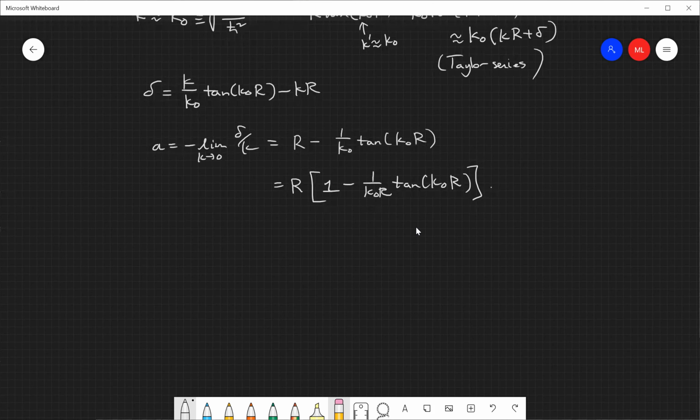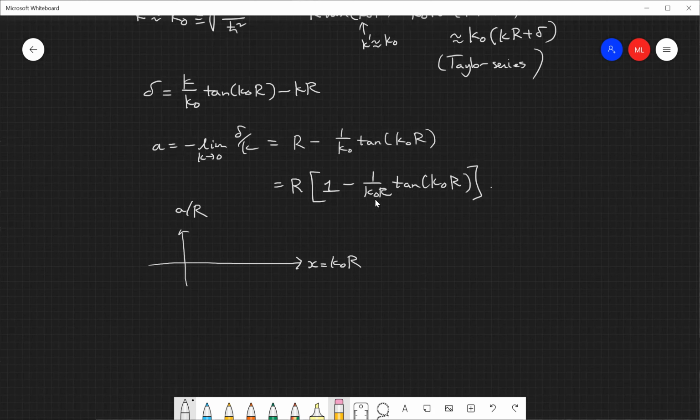So the plot of, as a function of x, which is k naught r, if we were to plot the scattering length divided by r, what happens here?